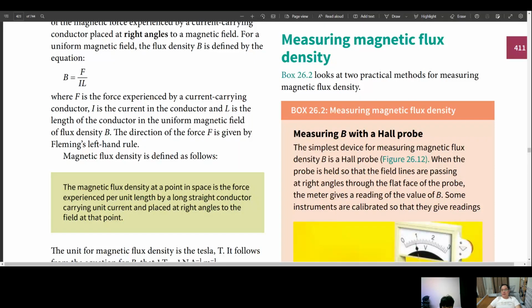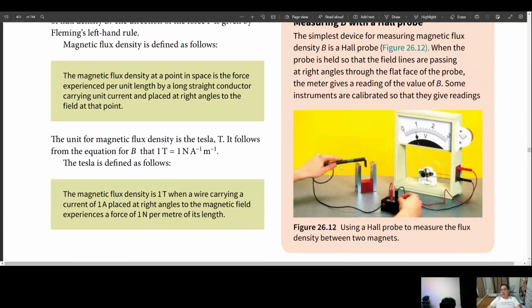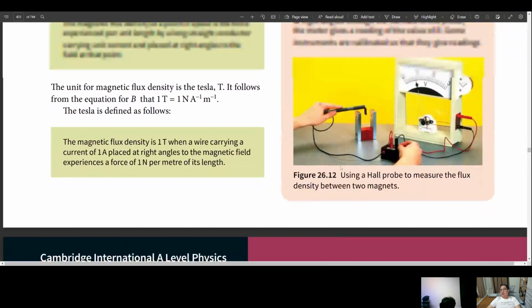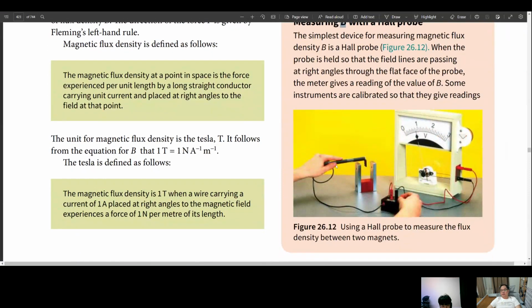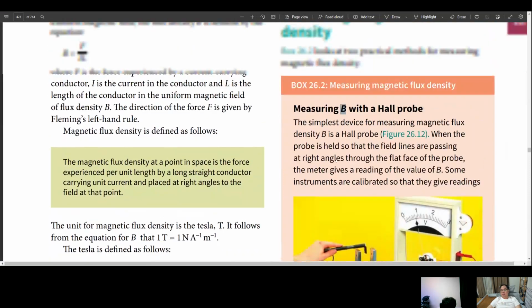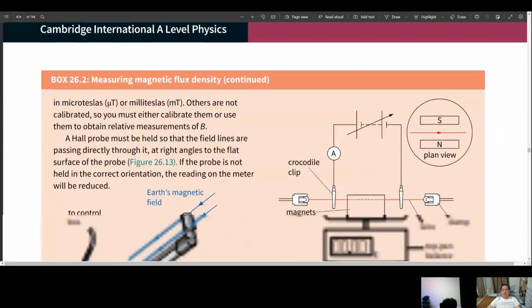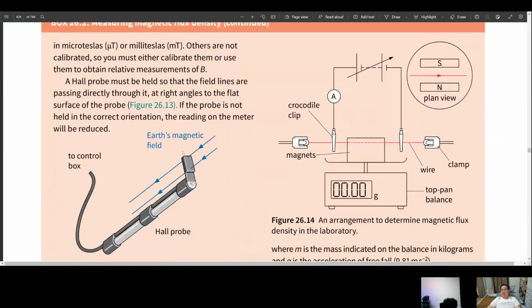Okay, the next one here is measuring the flux density with a Hall probe. This is the Hall probe, a device to measure magnetic field, a range of flux density in the laboratory.